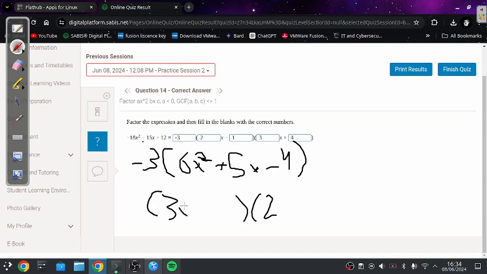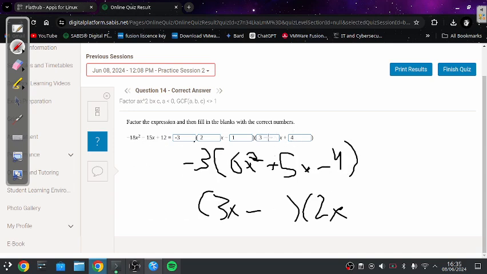We'll do x here and x here. Two numbers that make negative 4. So we'll try negative 2 into positive 2.